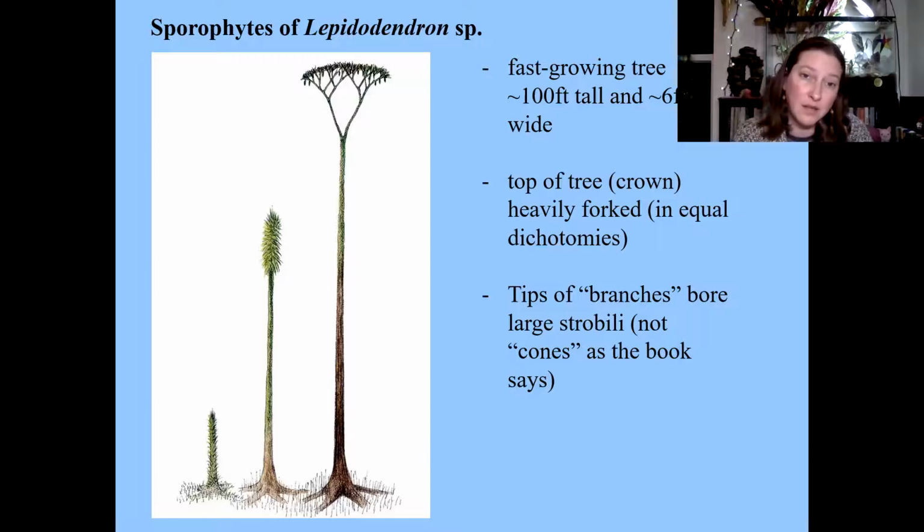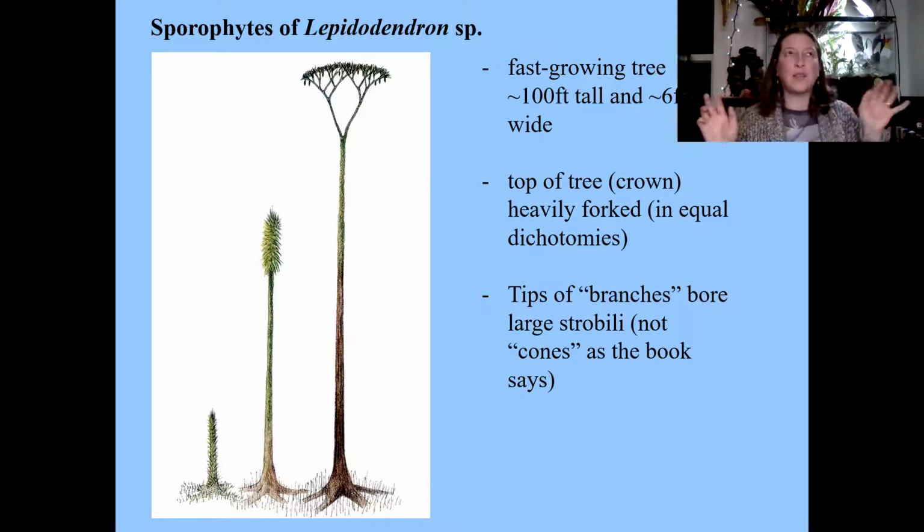They're now extinct, but it's just cool to think about a lycopod being a tree, because that doesn't exist anymore. So that's kind of cool. So Lepidodendron, this is this extinct lycopod tree. This could reach up to 100 feet tall and 6 feet wide, which is crazy to think about for lycopods, something that tall and wide. Just insane to me.